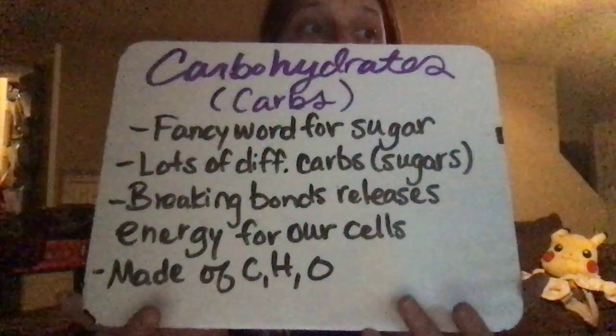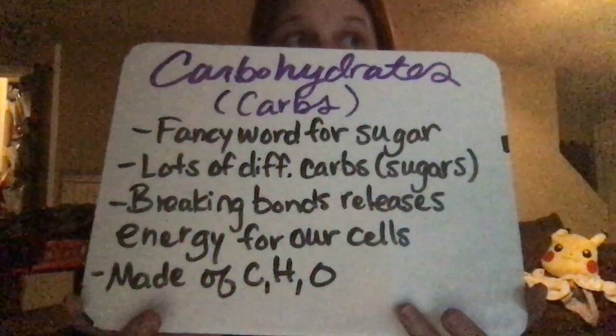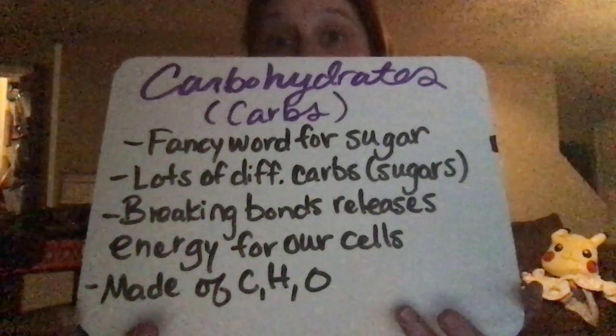And carbohydrates are made out of carbon, hydrogen, and oxygen. Hence the name carbohydrate, right? I have a Cliff Bar here. And you're like, why are you talking about your Cliff Bar? Just grab some cereal out of your cabinet.